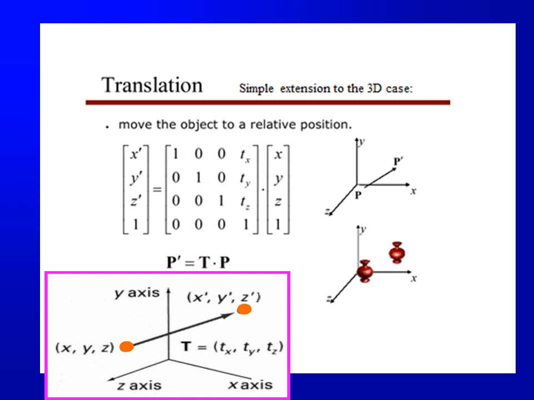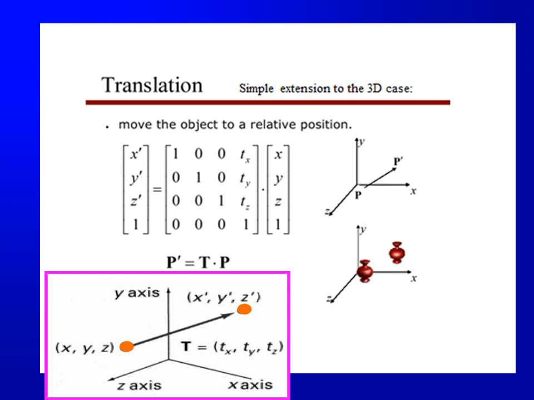Then the second matrix is the translation matrix. As you see, in the fourth column there are the values tx, ty and tz, right, and diagonally all are 1. Fine, and the old coordinates are x, y, z and 1.